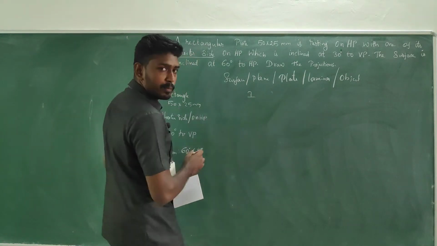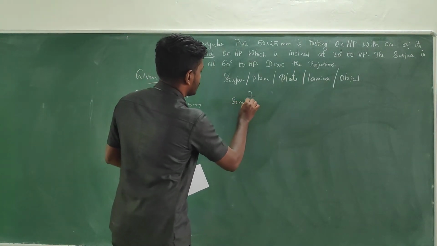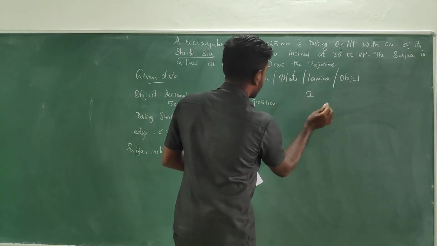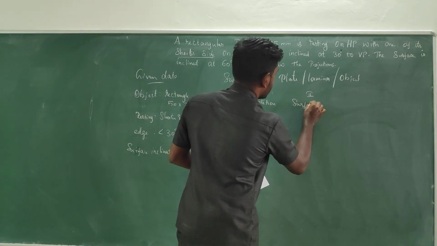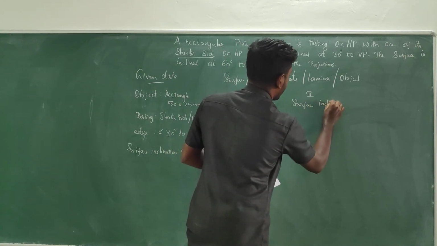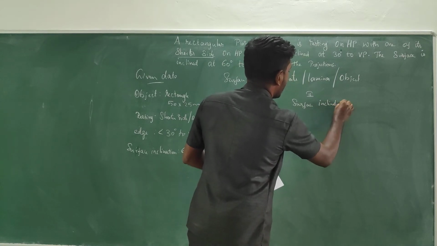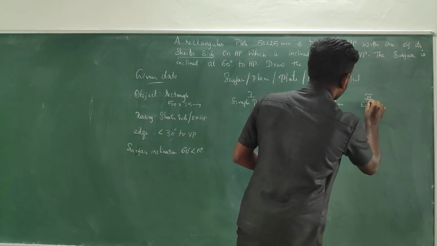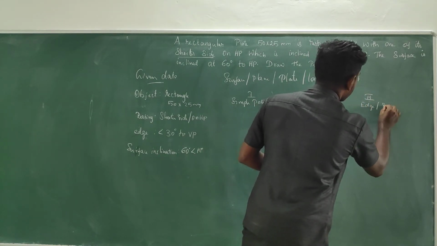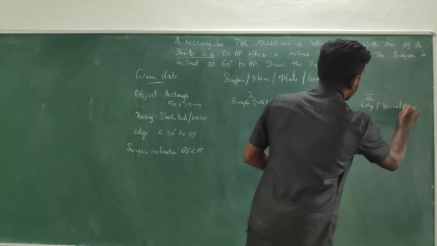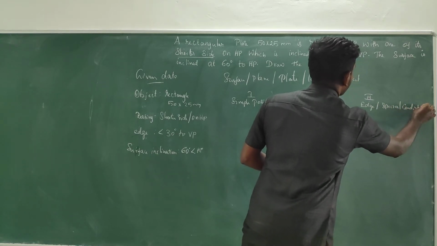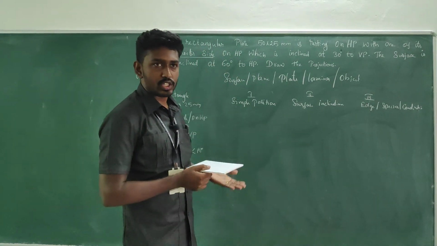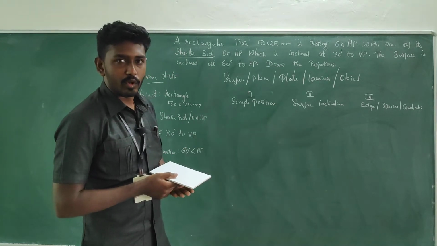First one is simple position, second one is surface inclination, and third one is edge or special condition. So that means step by step we are going to get the projection and find the final front view and top view.